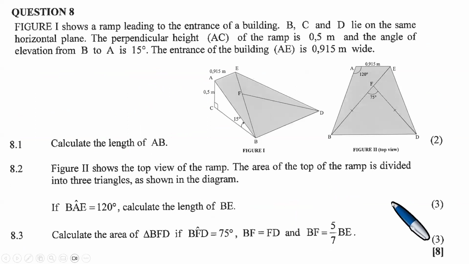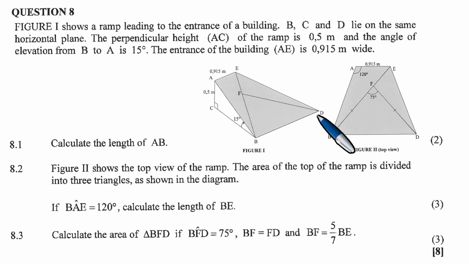The following is a very interesting question. We have question 8. Figure 1 shows a ramp leading to the entrance of a building. B, C, and D lie on the same horizontal plane.